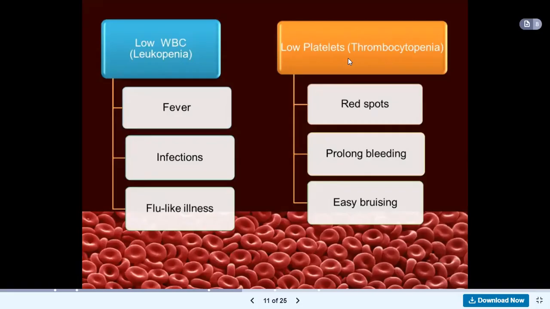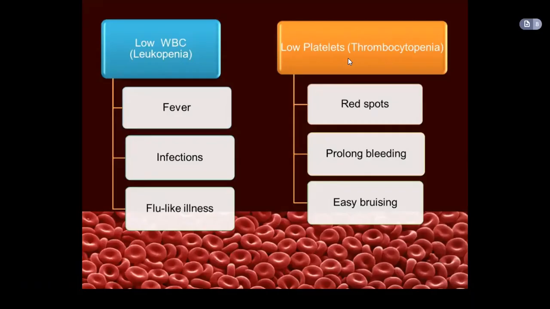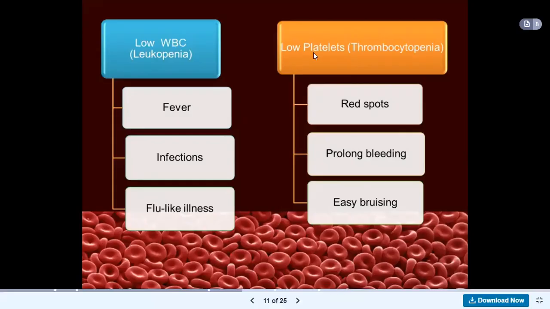Remember when we had a lecture about positive feedback, we said that the blood clotting process is an example of positive feedback, and we saw the clotting factors and how they prevent blood loss and how they prevent bleeding by forming clots. But in this patient, it will be difficult for a clot to form because the clotting factors are not there, because these clotting factors and the platelets are working together.